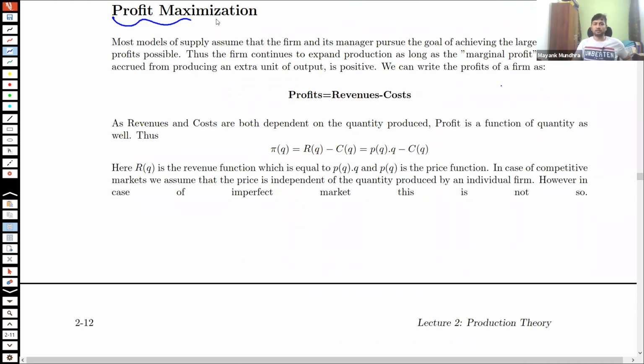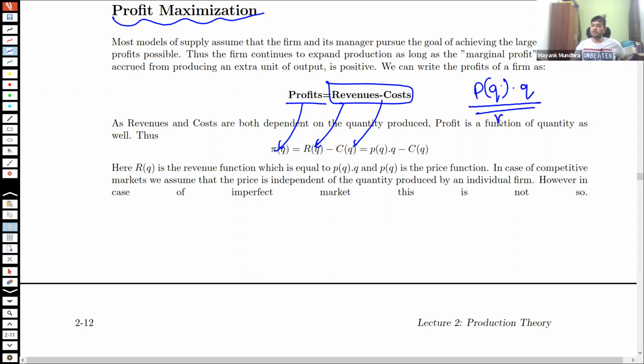Profit maximization. So the aim of any firm is to maximize profit. What are profits? Profits are revenues minus costs. So I represent profit as pi, revenues as R, cost as C. Revenue can be written as price into quantity, but price, I am assuming, is a function of quantity.